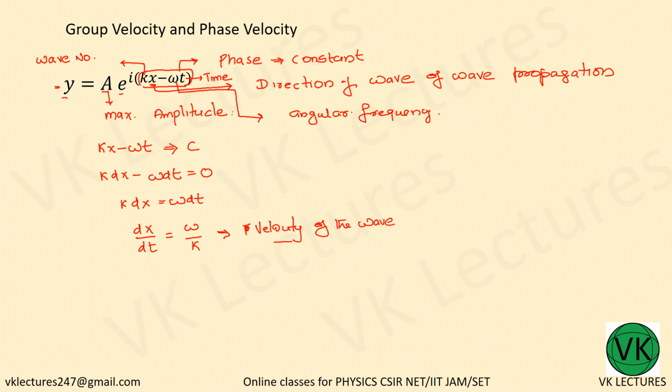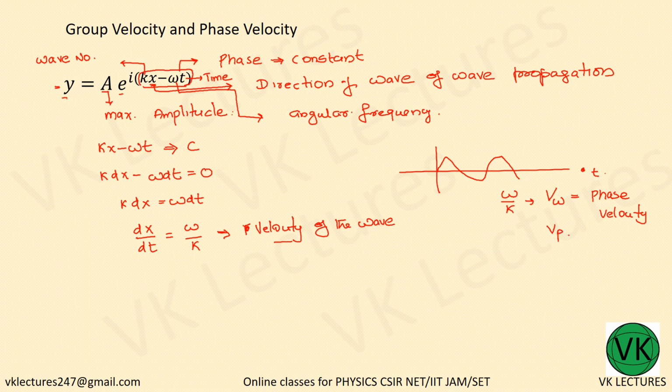That means when a wave is traveling in this direction, at what time it reaches here will be determined by the velocity of the wave, that is omega by k. This velocity of the wave I am representing by vw is also called phase velocity, because we have derived it from the phase, or vp.